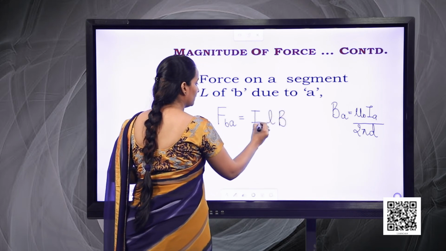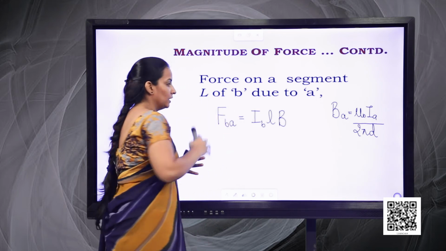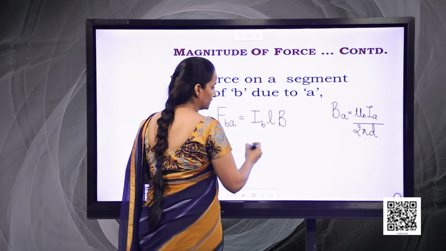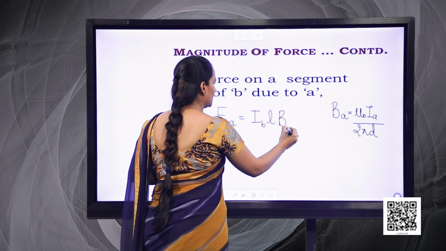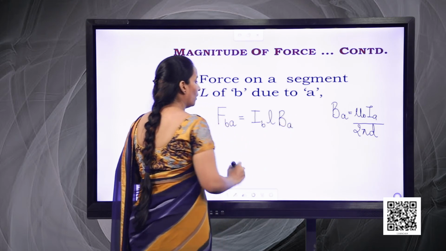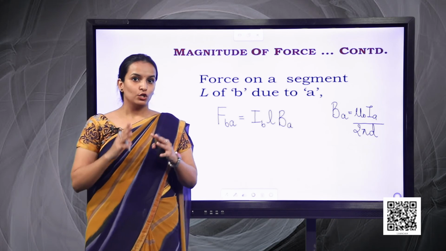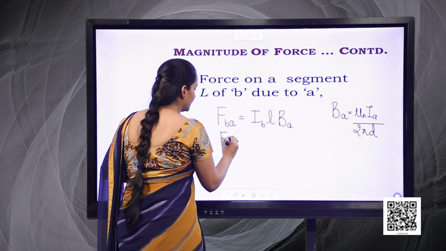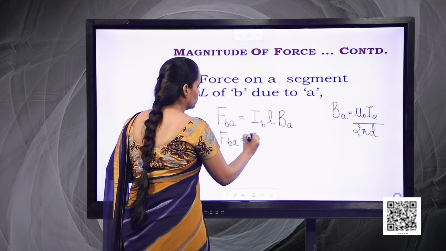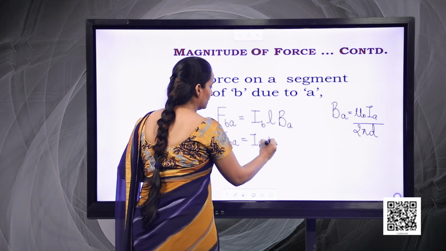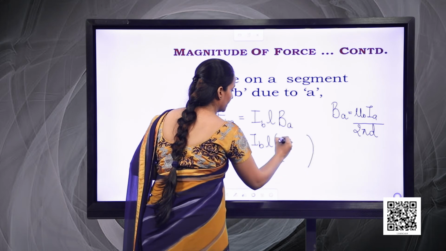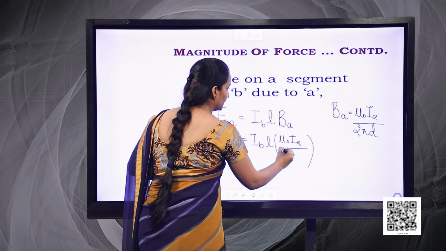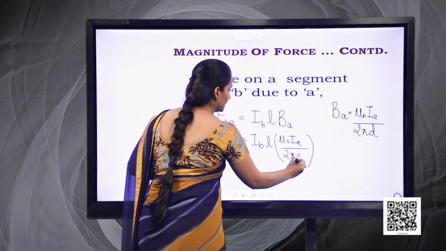Here I will be the current flowing in the conductor B, L is the length of the conductor, and B here will be taken of the magnetic field due to conductor A. So, I can write FBA equals IB L. Now, substituting the expression of BA here, we will get mu naught IA divided by 2 pi d.